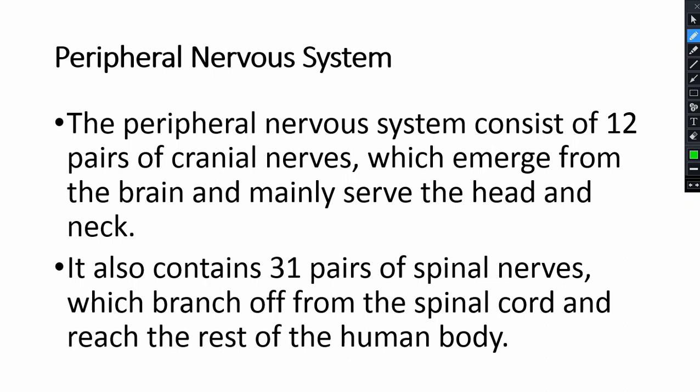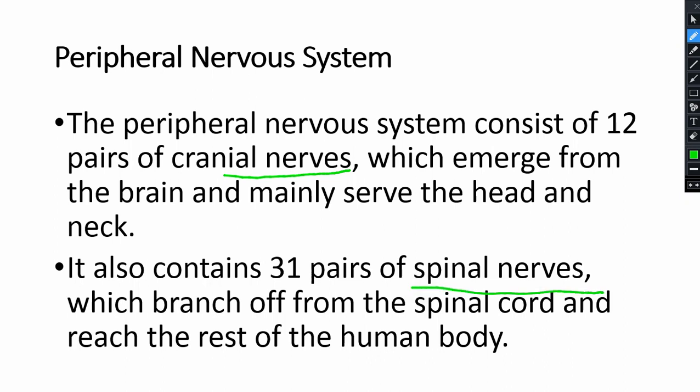Now, the nerves which arise from the spinal cord are not the only type of nerves present in our body. The nerves are of two types, and these are divided into two main parts. One is called cranial nerves and the other is called spinal nerves.